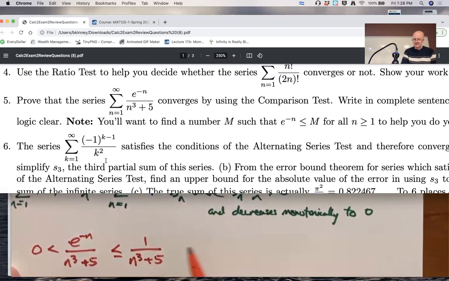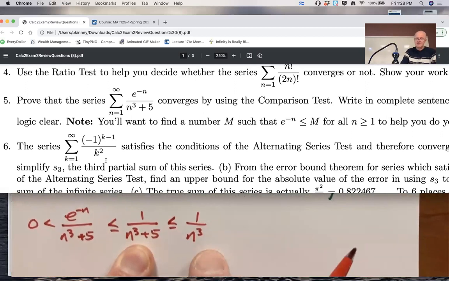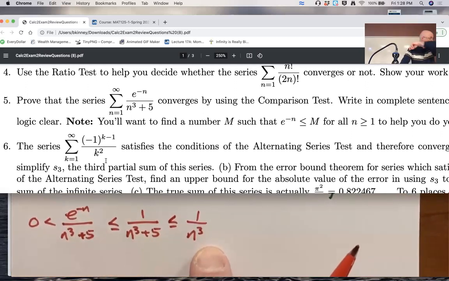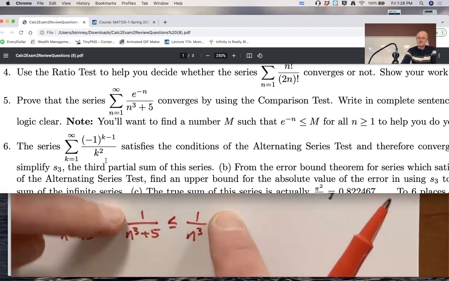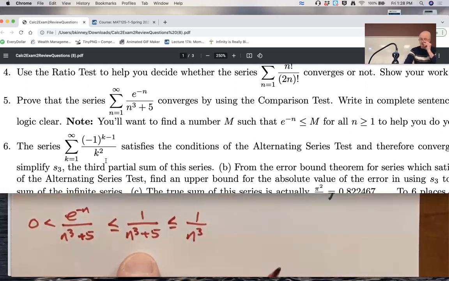And thirdly, if I get rid of the 5 in the denominator there, I get yet a bigger fraction. This fraction is smaller than this one because the tops of the fractions are the same, but the bottom on this one is bigger. I'm dividing by a bigger positive number there. That's got to be smaller, closer to 0.